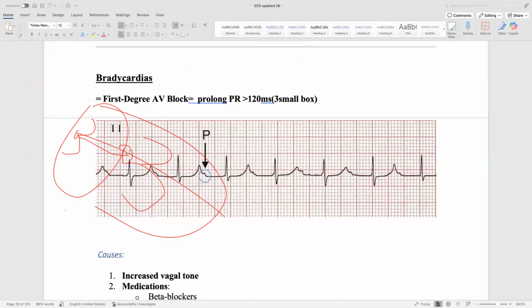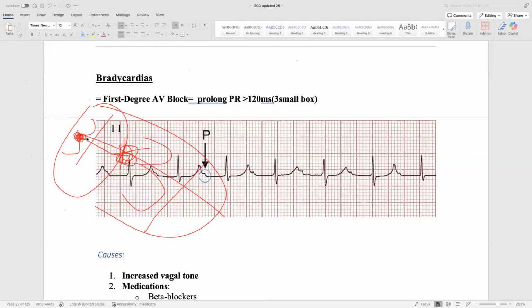Type. If there is a delay in time between the atrium and ventricle, that means there is a delay here in the atrioventricular node.